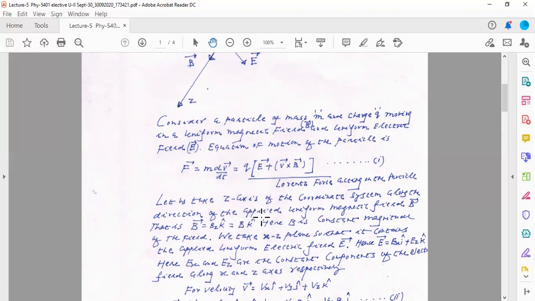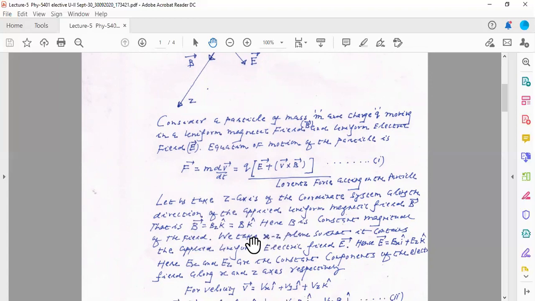So I can write your magnetic field B is having only z component, because there is no x component, there is no y component. So in a Cartesian coordinate system, B_z k, and then B_z is B. So the magnetic field we can write in vectorial form as magnitude of B in the direction of k. Here B is constant, please remember.